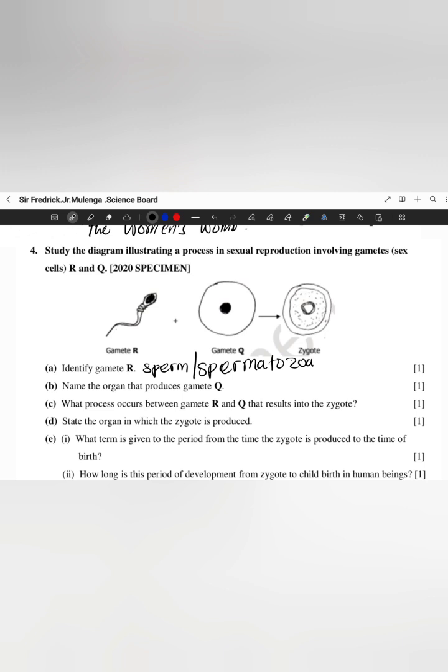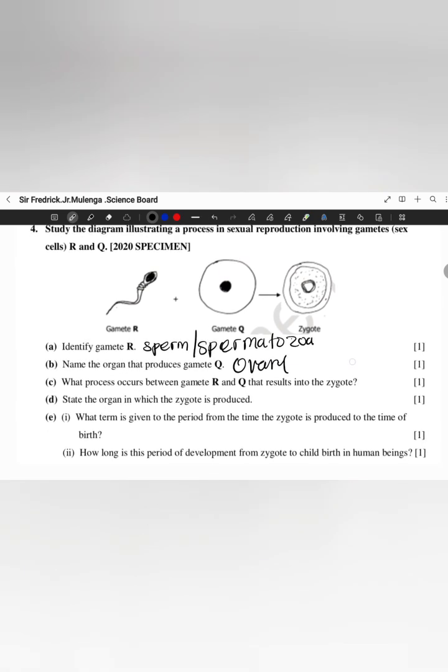Definitely, gamete Q is an ovum. What organ produces this? It is the ovary. What process occurs between gamete R and Q? When these combine, when they fuse together, the process as we've described it is fertilization.